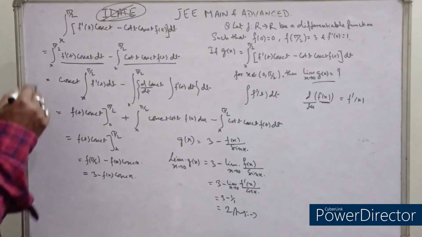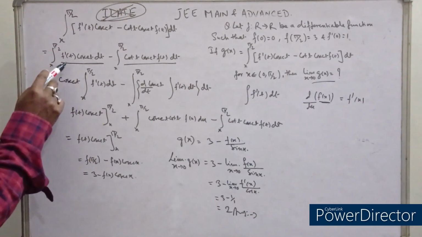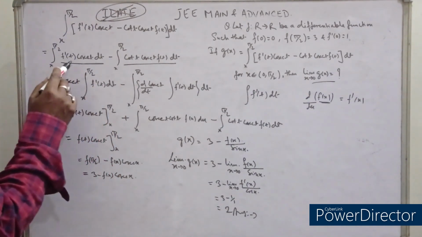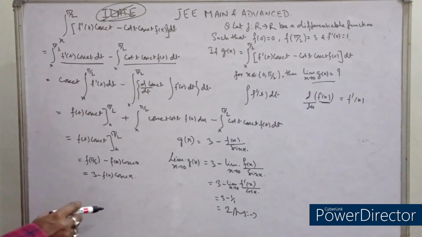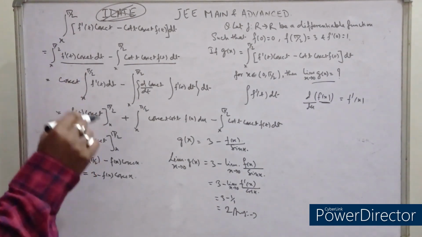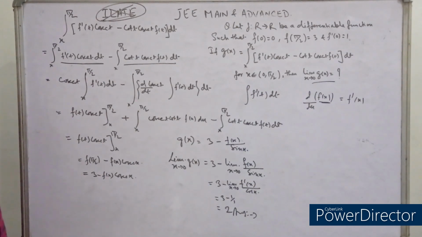So if you take this as your first function, then it will create a problem. So I have taken cosec t as the first function. When I solve it, you can easily solve it and get the answer. This is the presence of mind you have to apply while solving such type of questions. This is what we call competition.